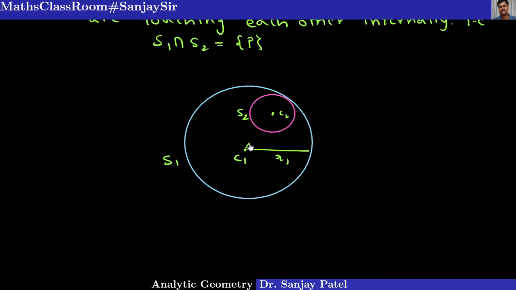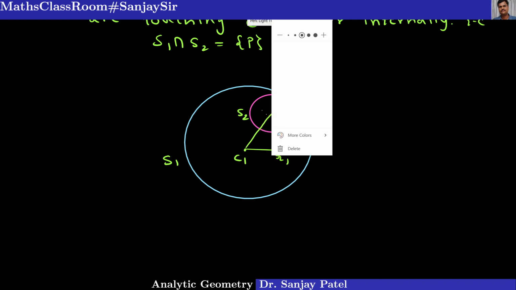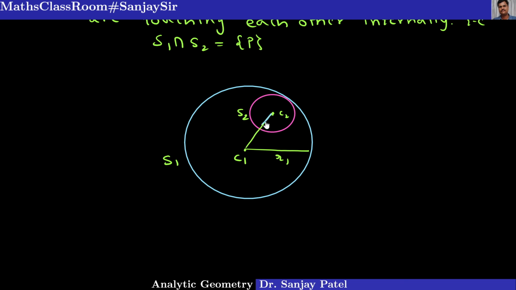Let me first join these two, C1C2, and this much is the radius of the smaller sphere, that is R2. So in this case there is only one point in common. This is the only point of intersection. Okay, so S1 intersection S2 is singleton P, but they are touching internally. One sphere is contained in another sphere.